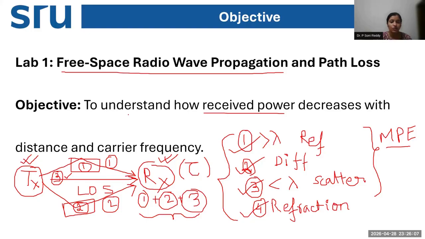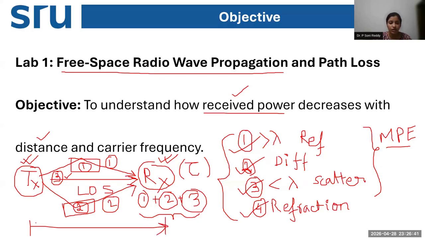Clear? So today we are going to understand how the received signal power behaves. When I'm receiving the signal, I'm receiving a combination of all the 3 types of signals. One is the direct path, and the other 2 are reflection, scattering or diffraction, different kinds of signals following different path lengths. So they are received at the receiver side. Now, the combined effect of all these signals: how is the received power changing if I change the distance between the transmitter and the receiver?